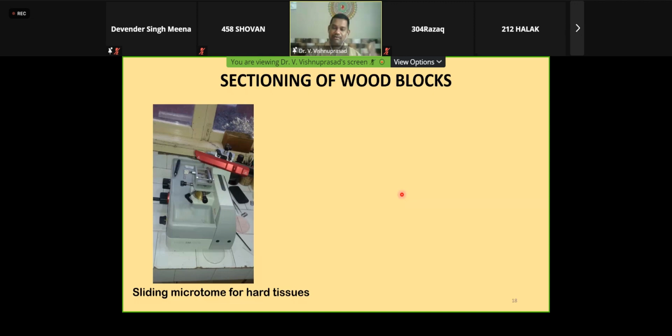Because of some common contact, Dr. James Rajput sir, who is in charge of the plant anatomy laboratory at Vadodara, I came in contact with him, and it was known that this new instrument had been procured a few months back. So the latest model was available. This is called the Richard sliding microtome.